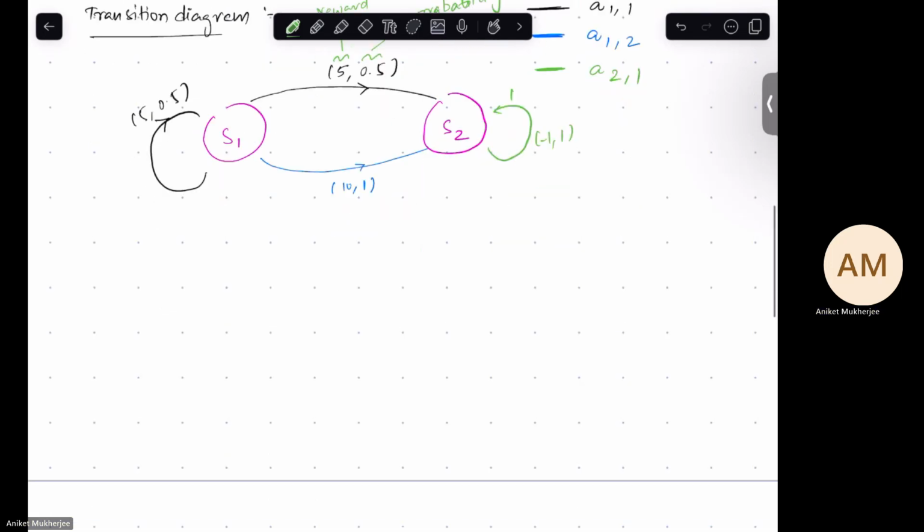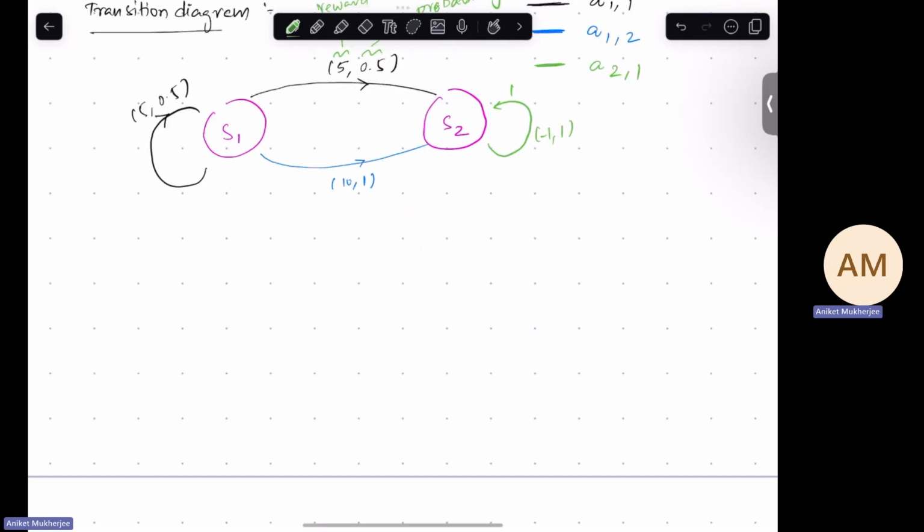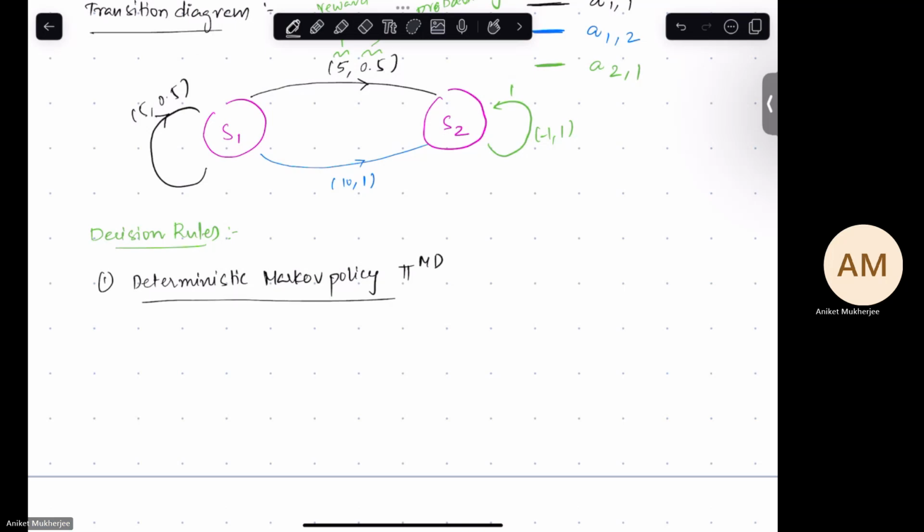Okay. So last class we saw different types of decision rules. The first one we saw was a deterministic Markov policy. So we fixed n equal to 2 for a two epoch decision problem.